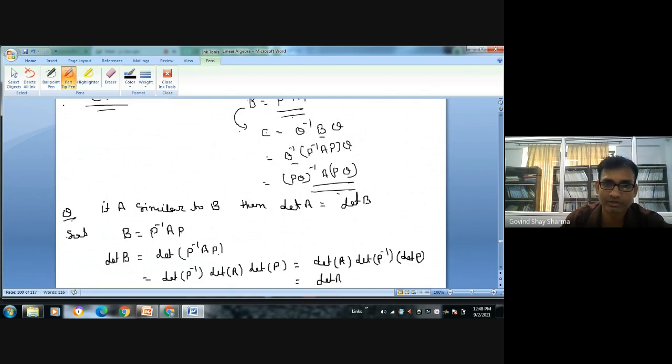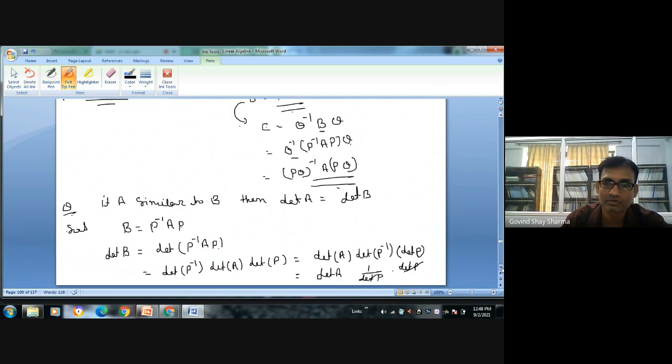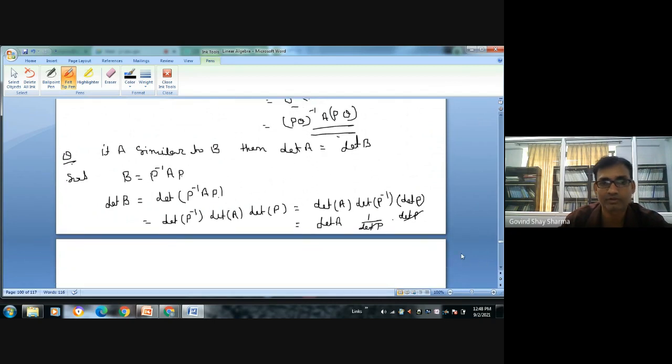Determinant of P inverse is 1 upon determinant P. Cancel. So determinant of B equals determinant of A. So these are some facts and theorems we have to remember.